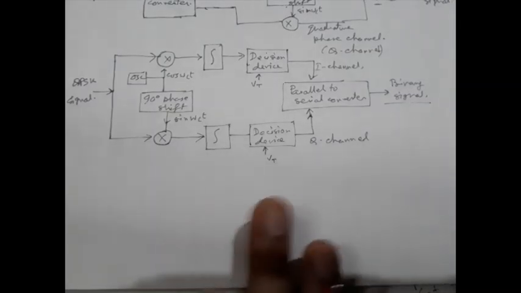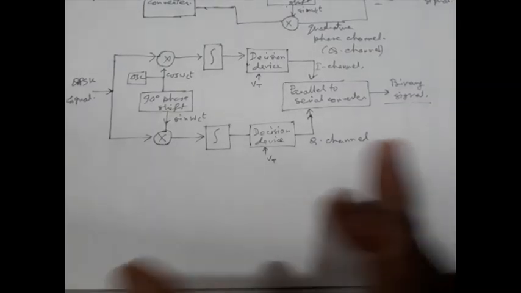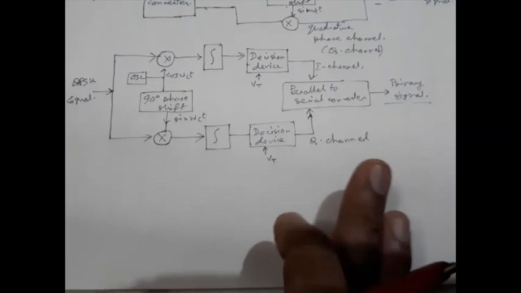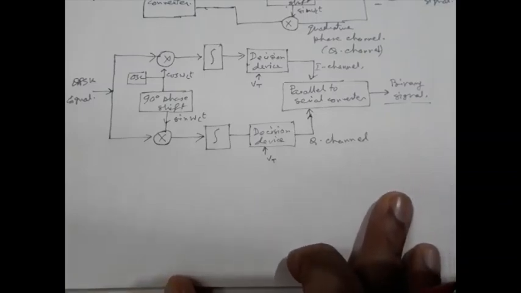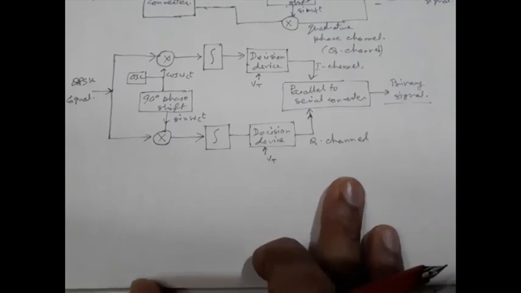So we may consider this QPSK scheme as a combination of two binary schemes, that is two binary PSK, that operate in parallel and employ two carriers in phase quadrature. So QPSK is therefore a kind of quadrature carrier multiplexing scheme that gives bandwidth conservation compared to binary PSK.